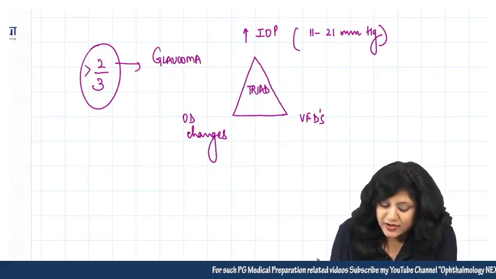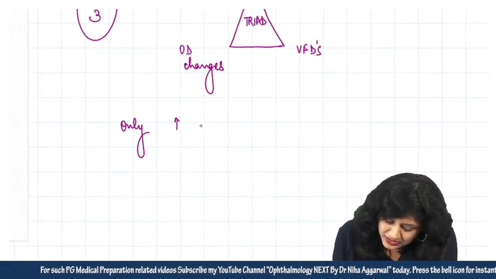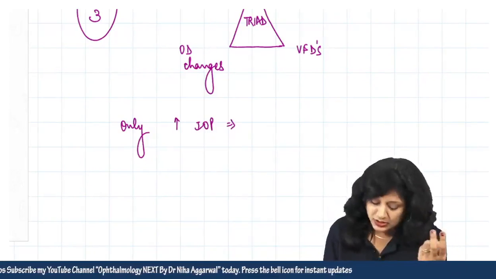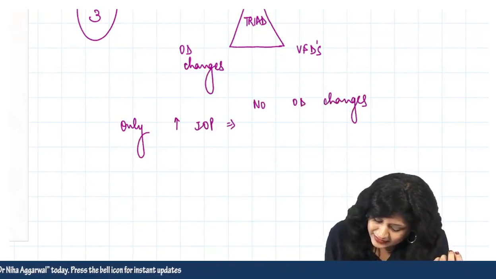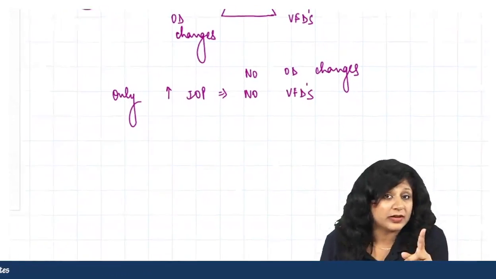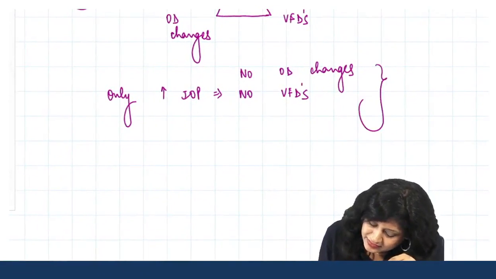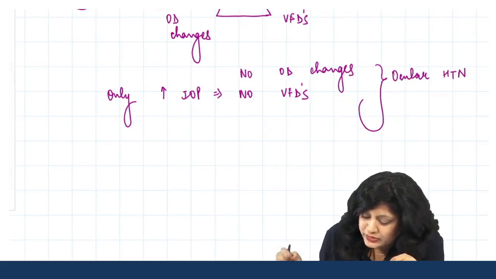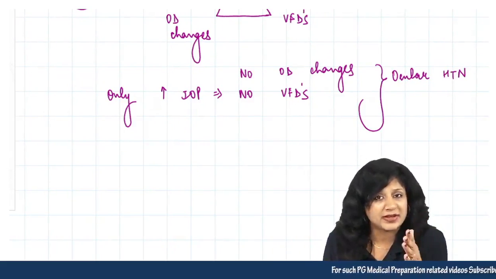That means if only one criterion is present, if the person has only raised intraocular pressure, with no optic disc changes and no visual field defects, then I will not call it glaucoma. Then this is called ocular hypertension. So be very, very clear with your terms. Ocular hypertension is nothing but the presence of raised intraocular pressure.